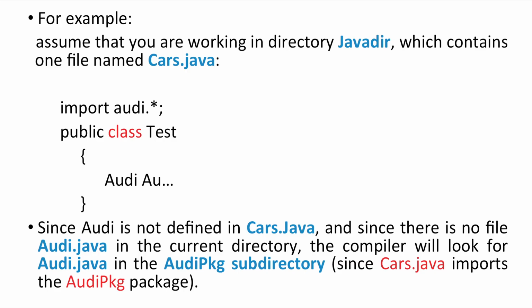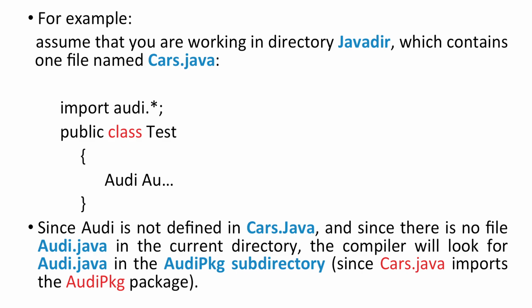For example, we assume that we are working in the directory javadir, which contains one file called cars.java. So: import audi.*, public class test, then the definitions of audi, meaning the body of the class test.